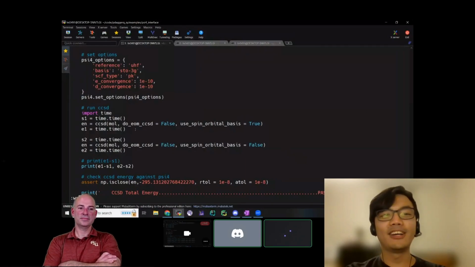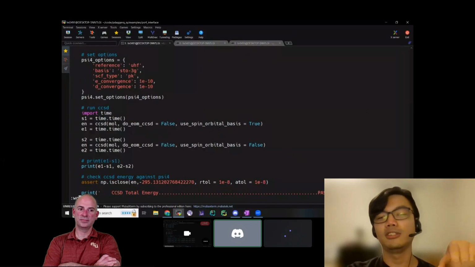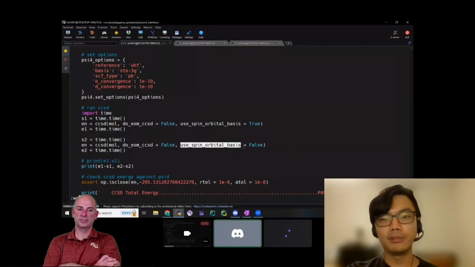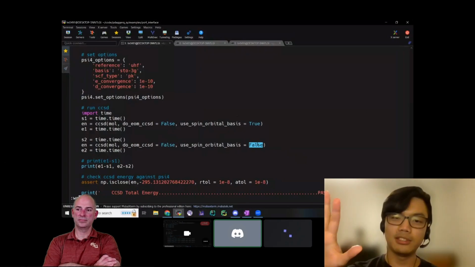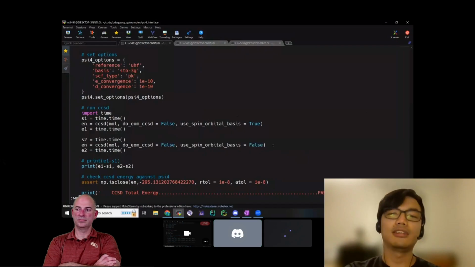Well, right now we will do two things. When we use spin orbital basis true, it will call all the new functionality that I just added. And if you use spin orbital basis false, it will call the spin trace code, which already separates the alpha and beta blocks. So this should work out of the box, but it doesn't because the example has some old equations.